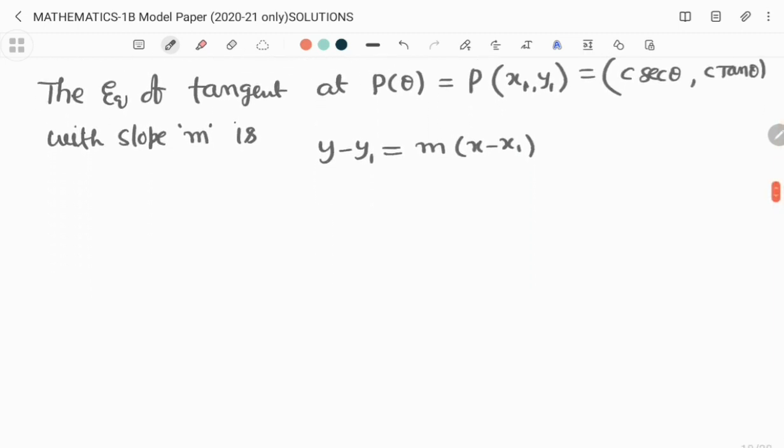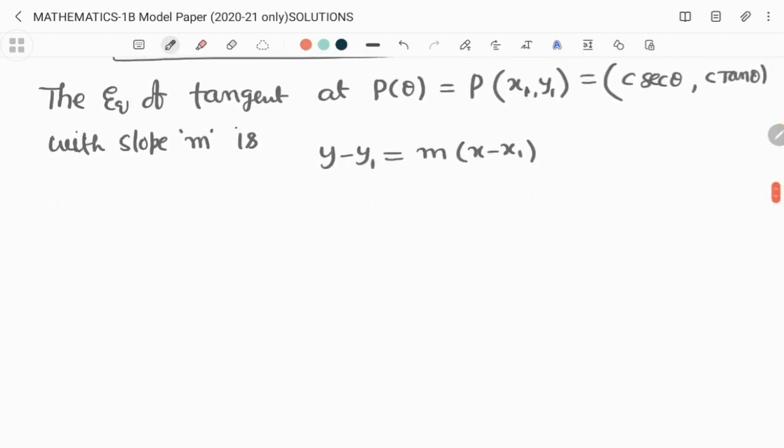Now substitute the values of x1 and y1. Therefore, y minus y1 value is c tan theta is equal to m value is 1 by sin theta, x minus x1 value is c secant theta.